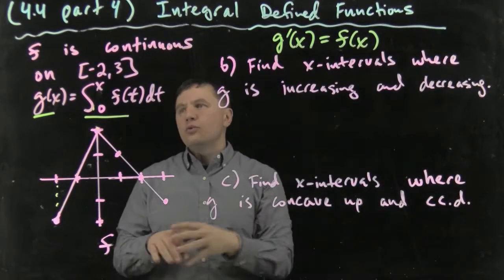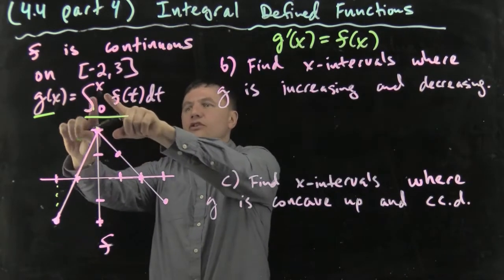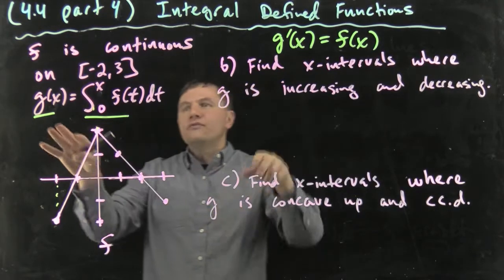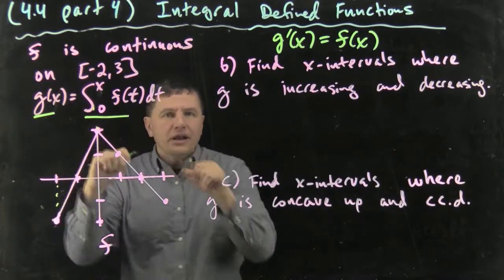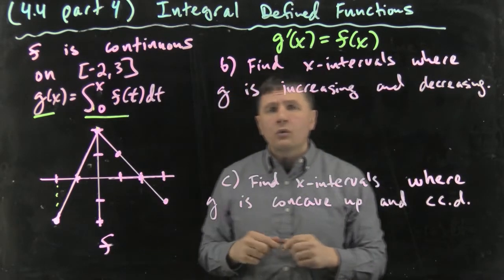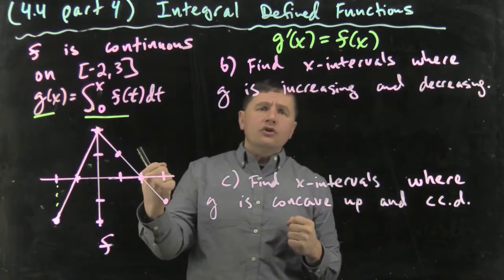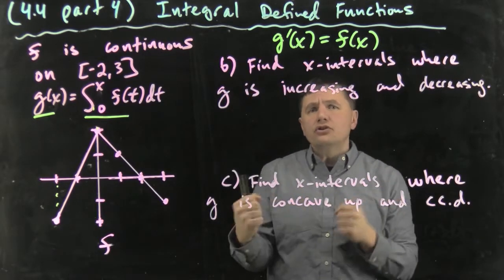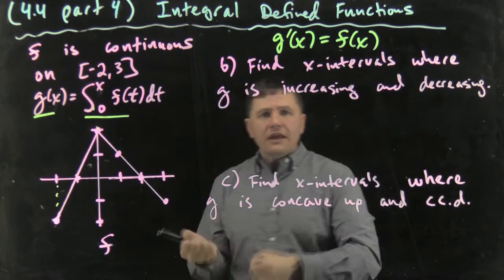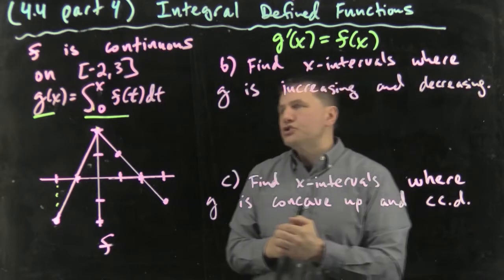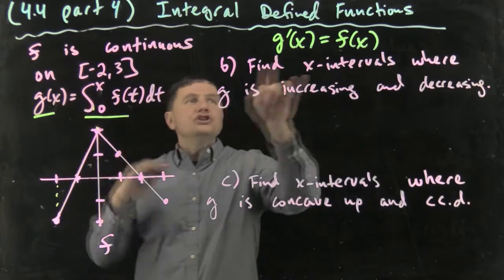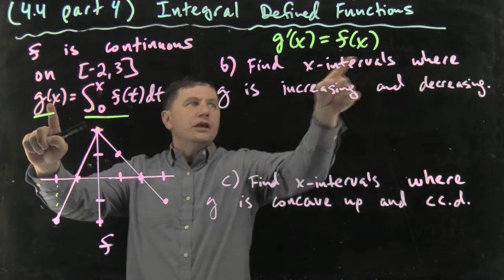As long as this is any constant with x on top, if we take the derivative, what ends up happening is, and this is the fundamental theorem of calculus, the most important idea that we work with, the integral and the derivative are inverse functions. It's like multiplication and division. If we multiply by 2 and then divide by 2, we're back to whatever that original number is. So with that in mind, we're integrating f, and then we're differentiating it. So essentially, the derivative of g is f.